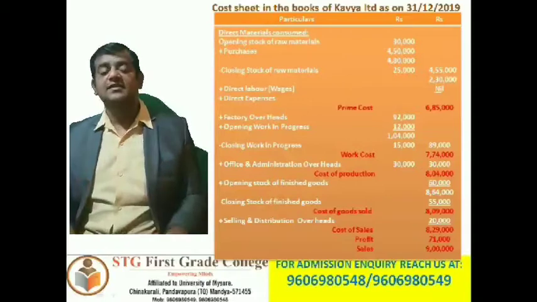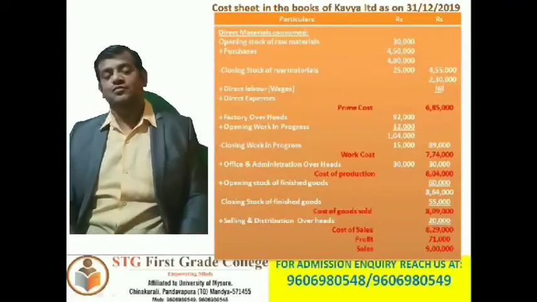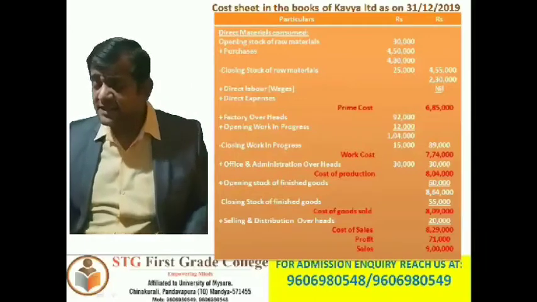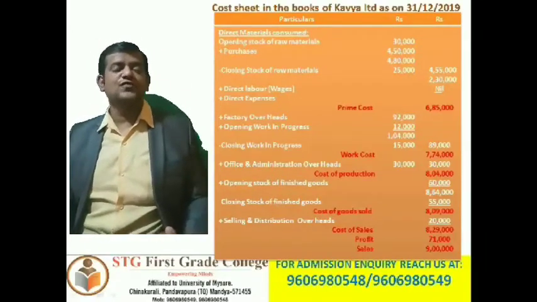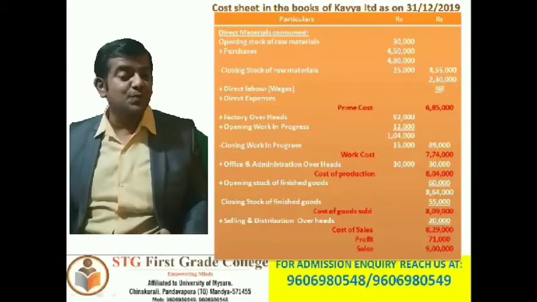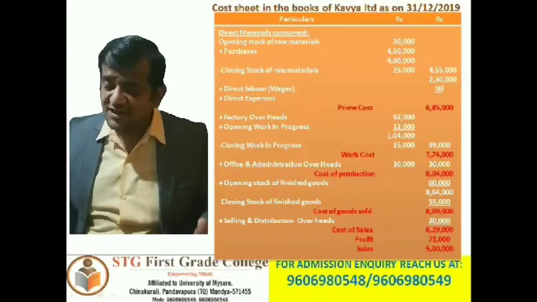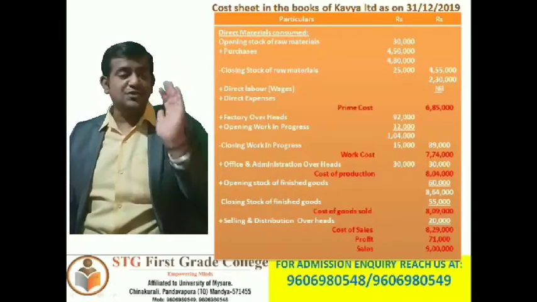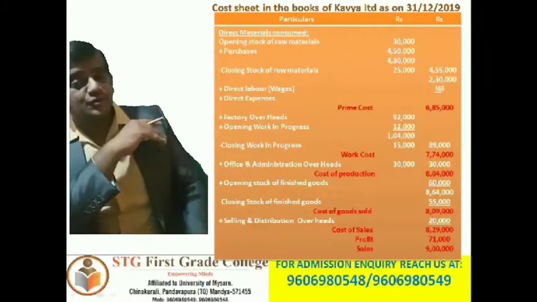Let us take a heading, direct material consumed. Under that, opening stock of raw materials. How much opening stock of raw materials has been given in the problem? 30,000 rupees. So take opening stock of raw materials, 30,000 rupees.